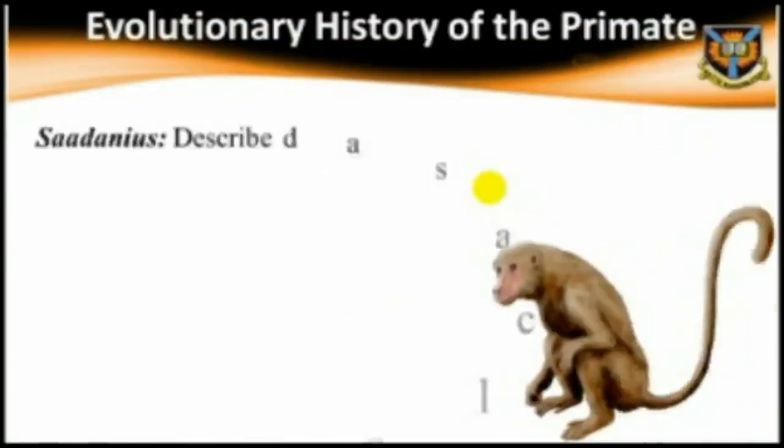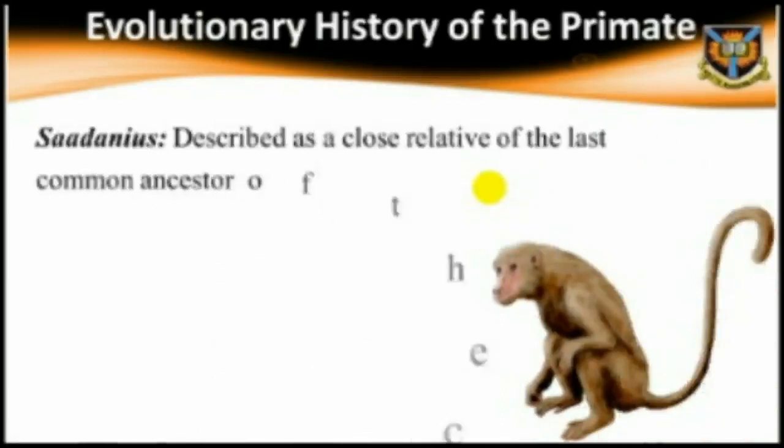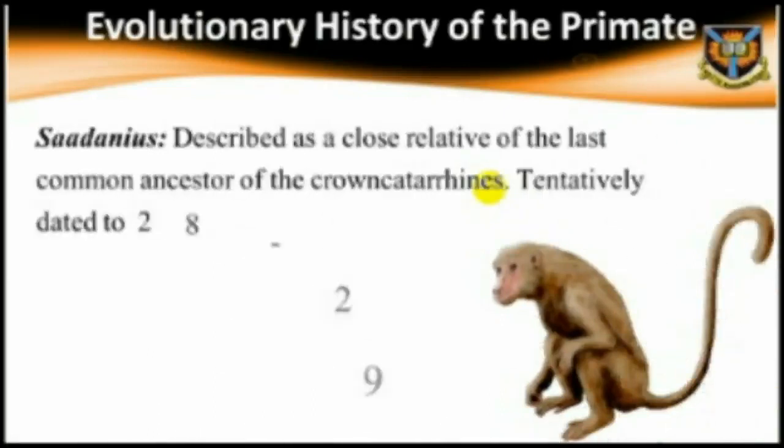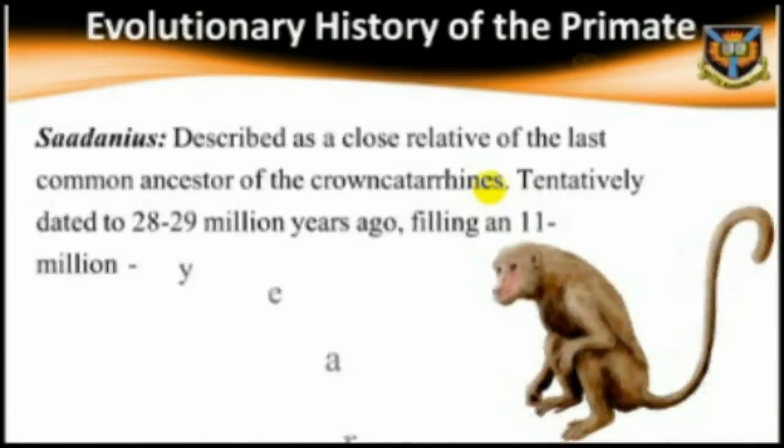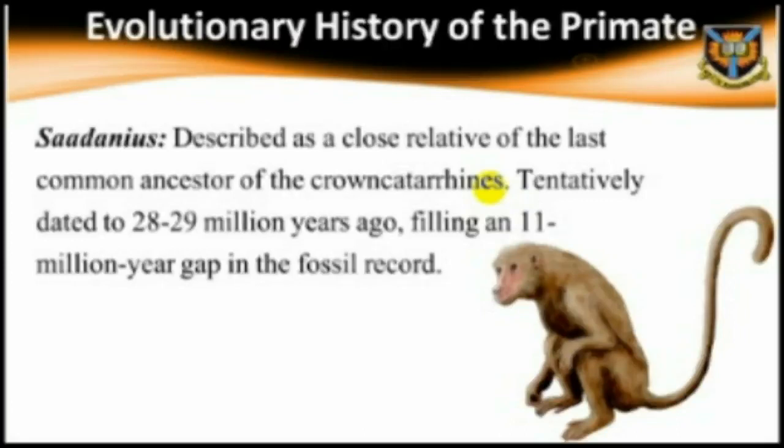Saadanius is described as a close relative of the last common ancestor of the crown catarrhines, tentatively dated to 28 to 29 million years ago, filling an 11 million year gap in the fossil record.